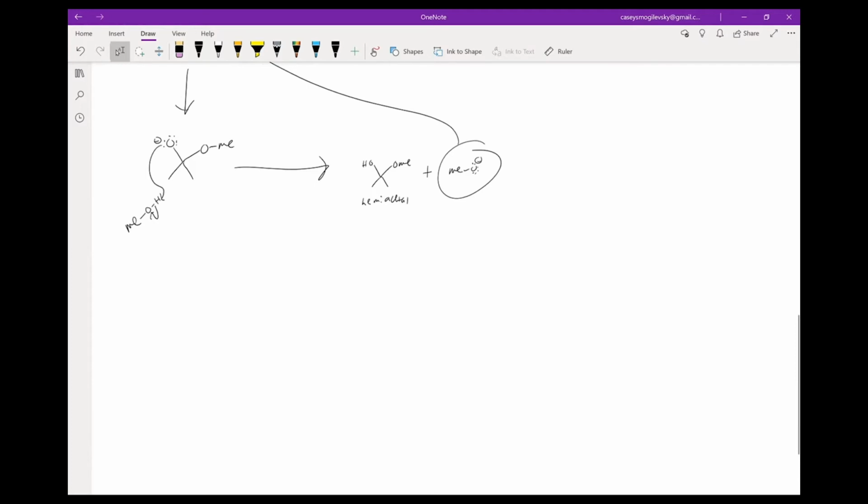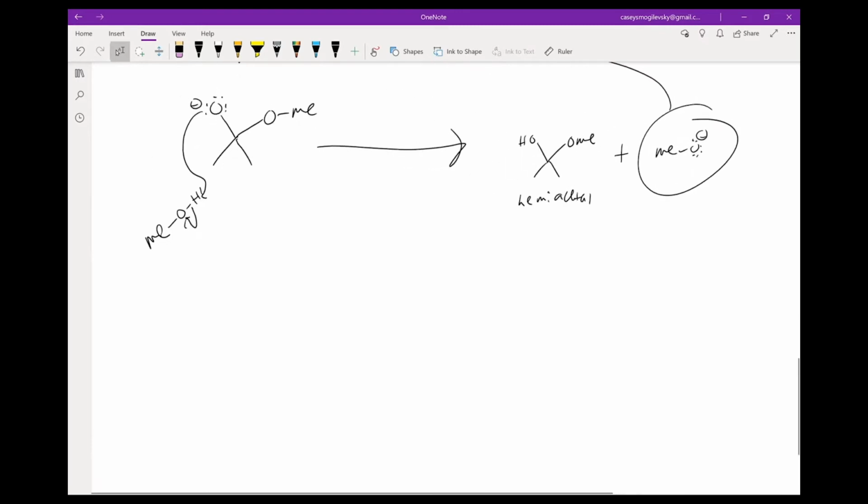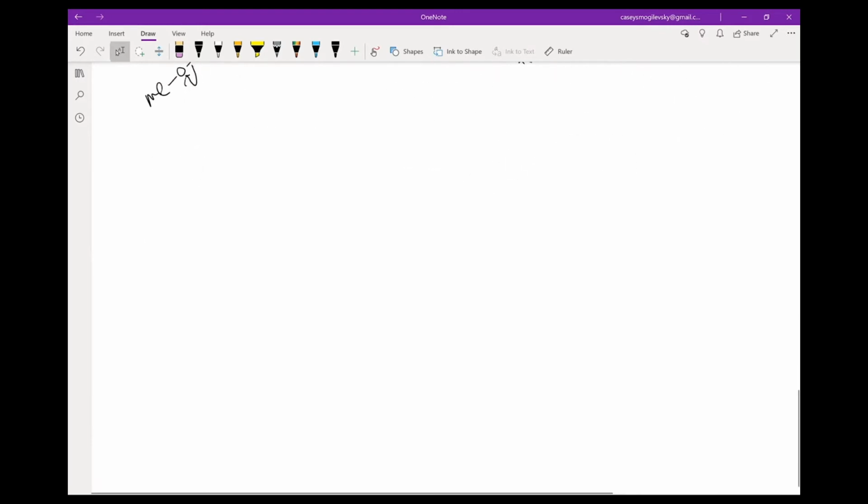Neither is this methyl ether right here. But in contrast, let's go talk about the acid catalyzed version of this reaction. So let's say, once again, that we have acetone, and we're going to try to do the reaction with methanol.